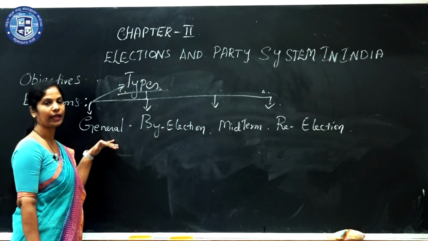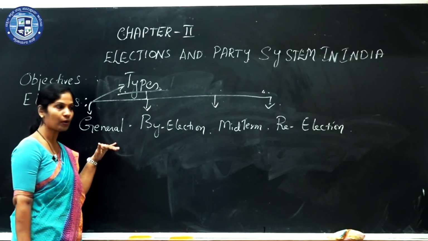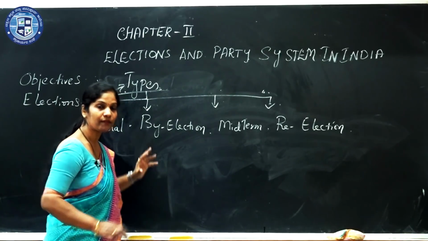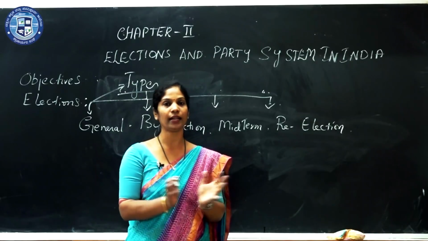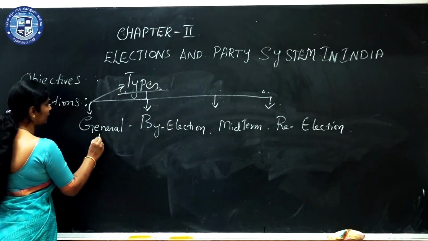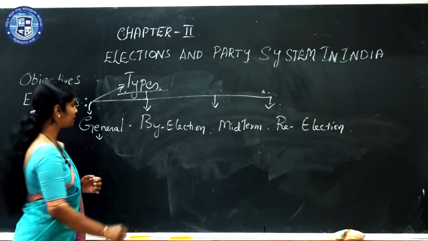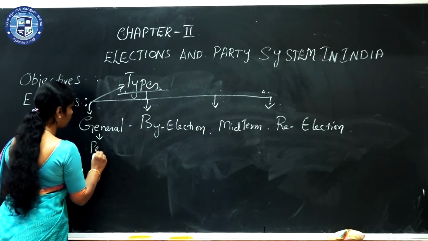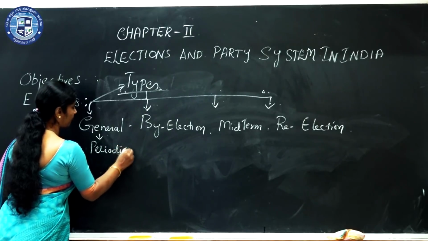So the first one is the general election. I hope all of you might have heard that general elections are conducted once in 5 years, or the general elections are called the periodical elections.